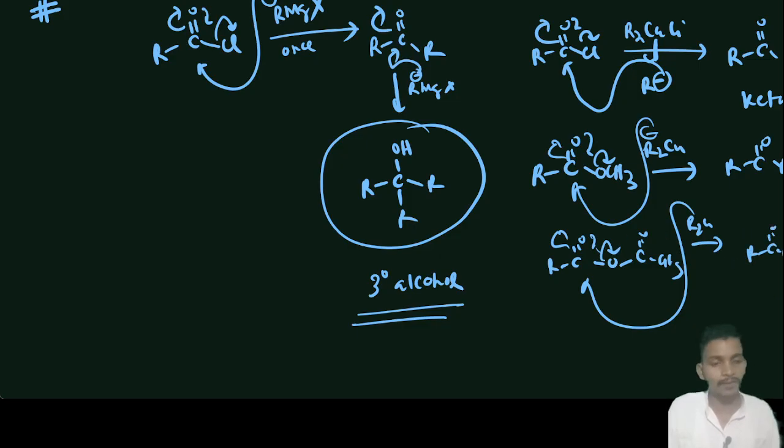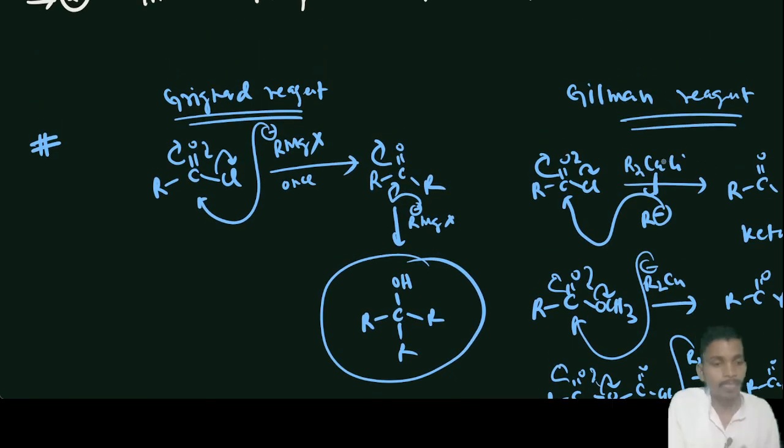So if a leaving group is there, this Gilman reagent can attack these carbonyl groups and we will come to a ketone. But in the case of Grignard reagents, it will go up to 3-degree alcohols.